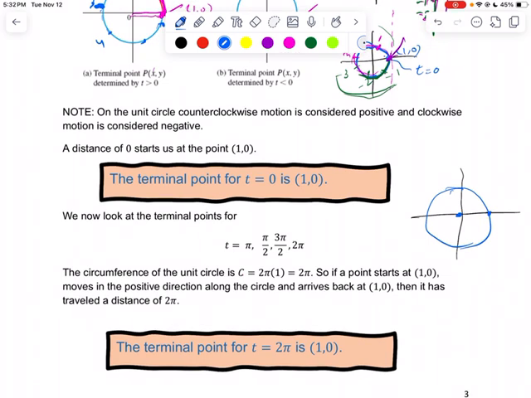So what are the coordinates of this point? (1, 0). What about this one? (0, 1). What about this one? This will be (-1, 0). And then this one will be (0, -1).